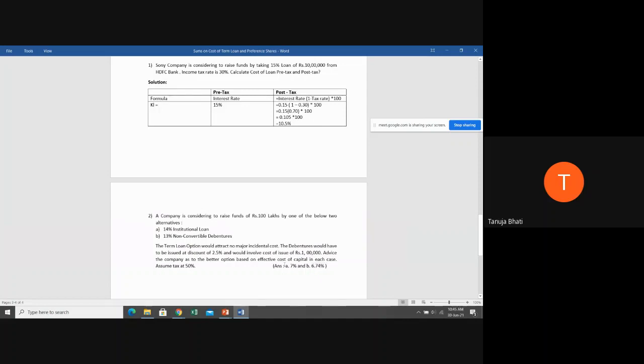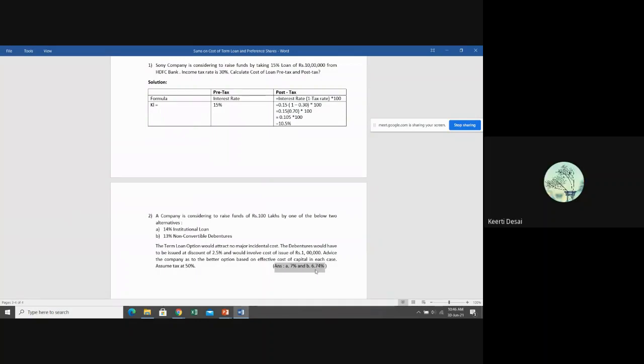Now, the answer is already here, but the solving part has to be done by all. Can anyone tell, out of these two options, which option the company should opt for? The KL is 7%, the KD is 6.74%. According to you all, which option should the company go in for?